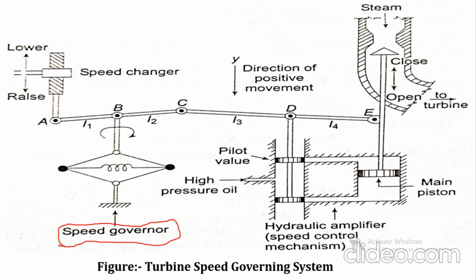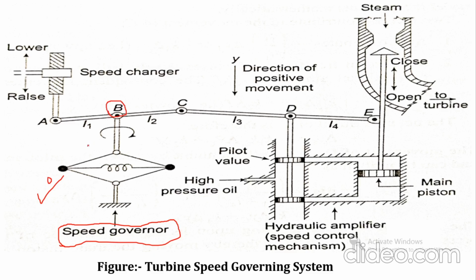If speed increases, then this fly ball moves outward and this point B also shifts downward. Clear?